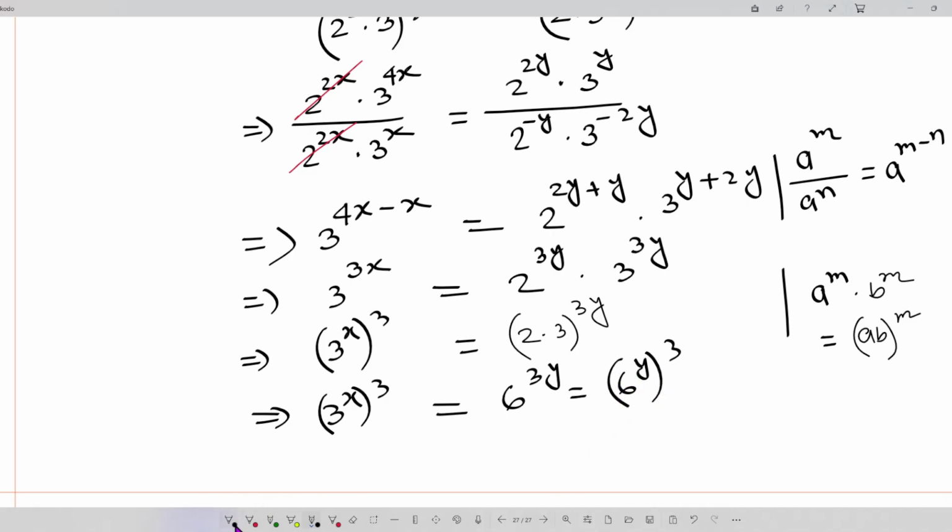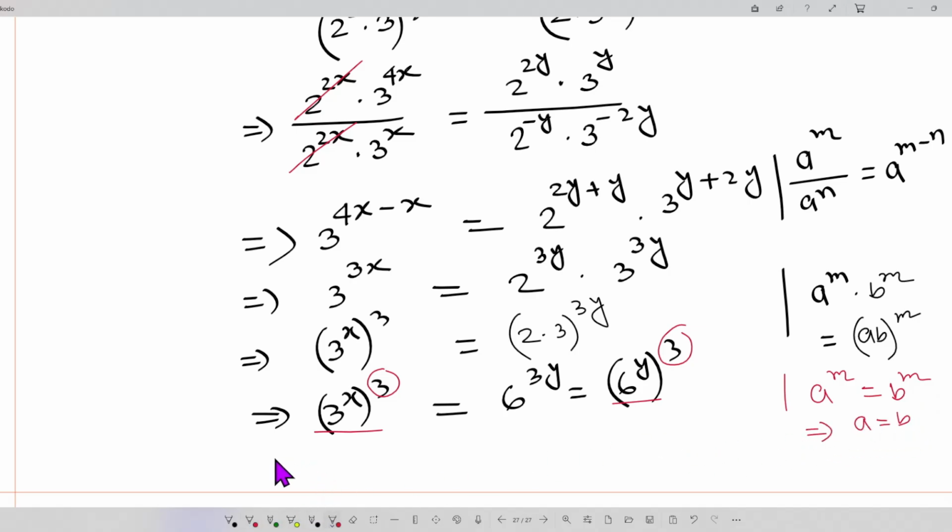Now the most important thing here, 3 to the power x to the power 3 and 6 to the power y to the power 3. We know once the powers are equal, it means a to the power m equals b to the power m, in that case we can write a equals b.